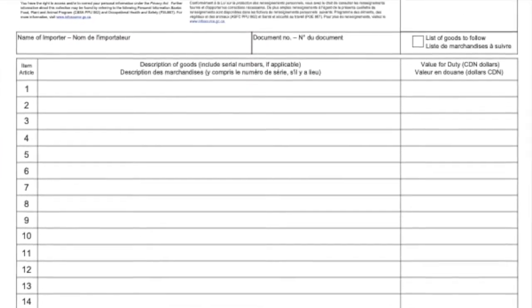Okay, so now with regards to the goods to follow, there are these 2 forms which are available, which are BSF 186 and BSF 186A. And this is how BSF 186 looks, and this is how 186A looks. BSF 186 is what you're going to be filling.